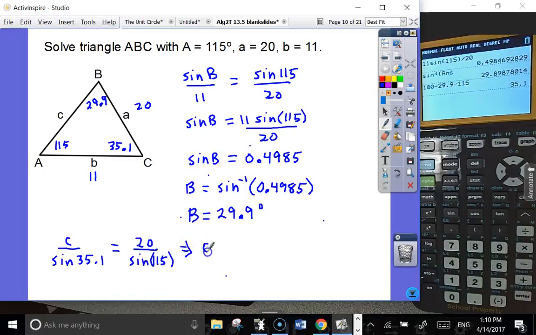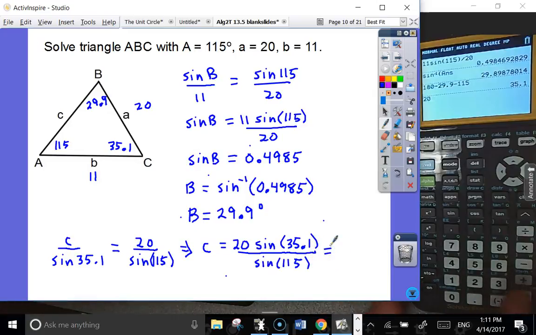Therefore, C equals 20 times the sine of 35.1 divided by the sine of 115. That gives 12.7.